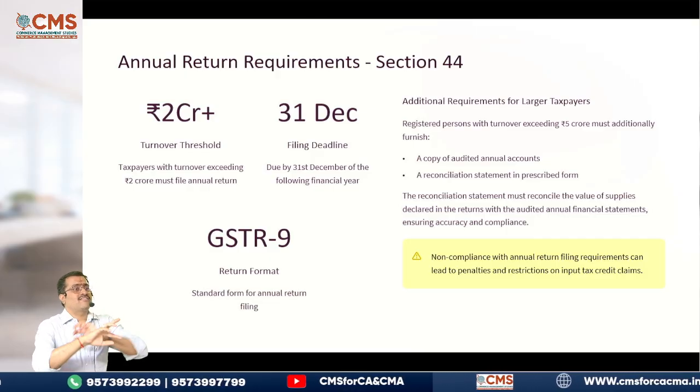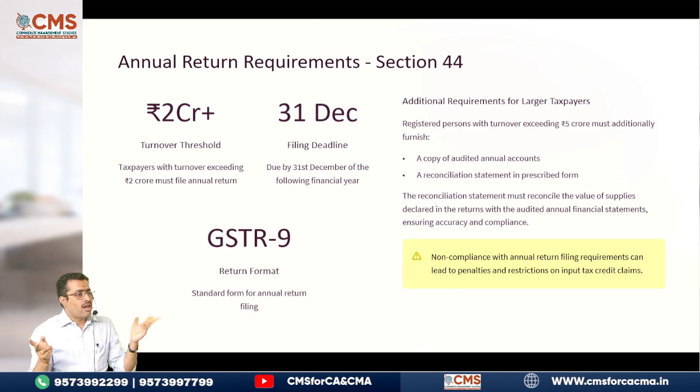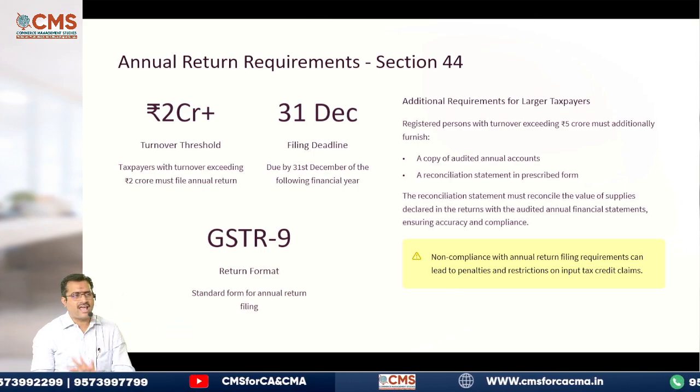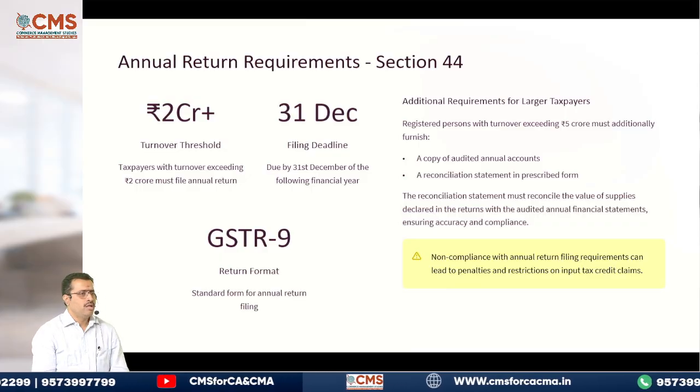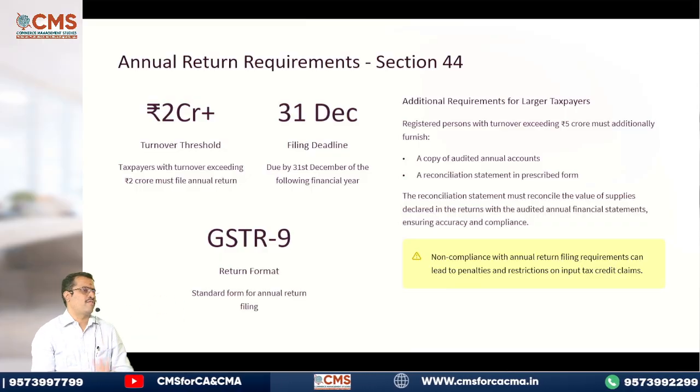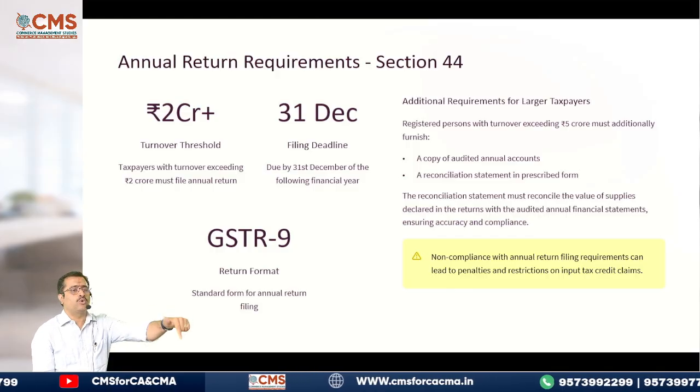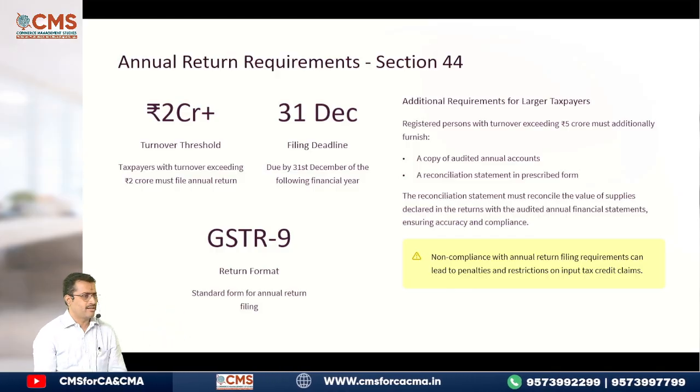Now they have changed that. The law says if in any of the financial years the turnover does not exceed 2 crore, then you are exempted from filing GSTR number 9. And this is applicable only from 2024-25 onwards, not before that.